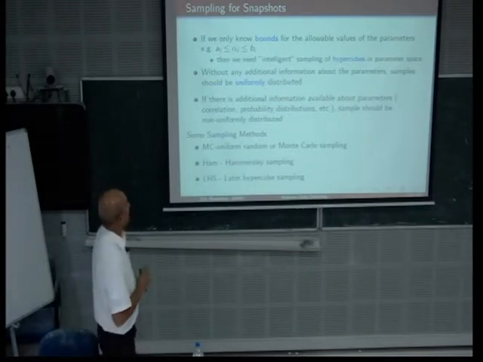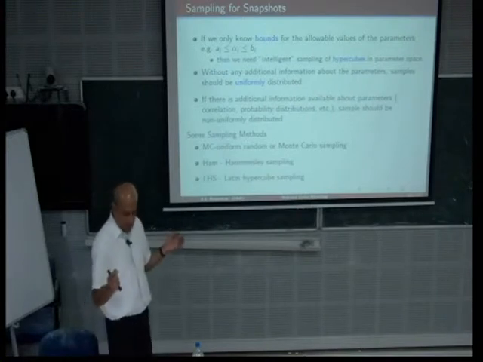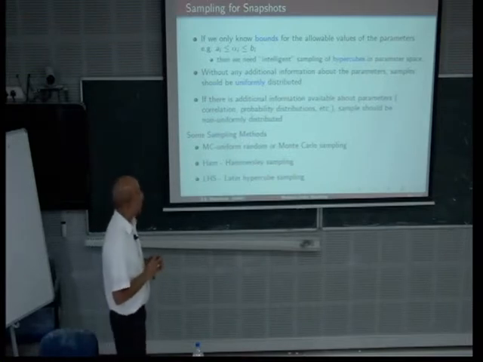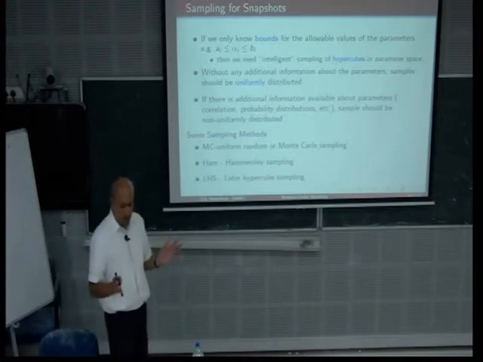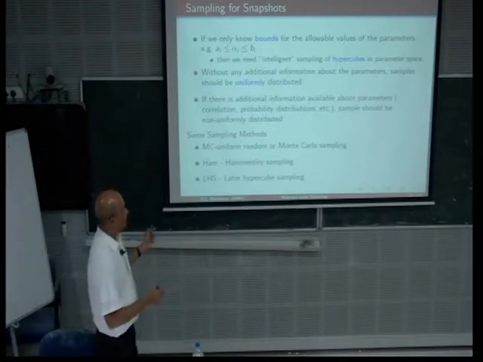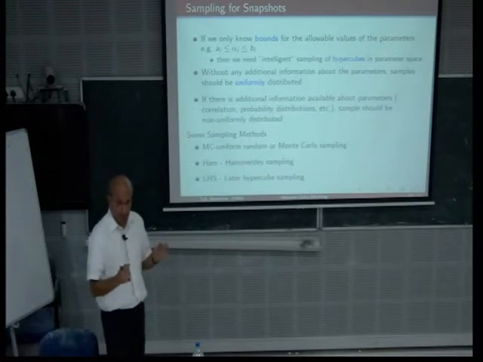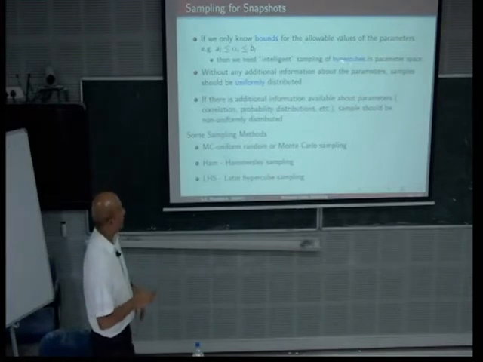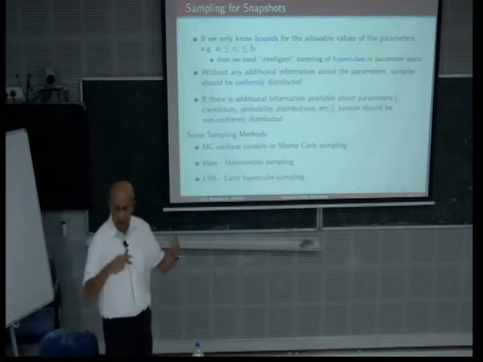Let me talk a little bit more about the parameter based modeling. Suppose you know the bounds for the parameters, then you can use that to intelligently sample in a hypercube. You have several parameters alpha i, and then you know the bounds. Then you can come up with a hypercube, and then you sample in that hypercube.